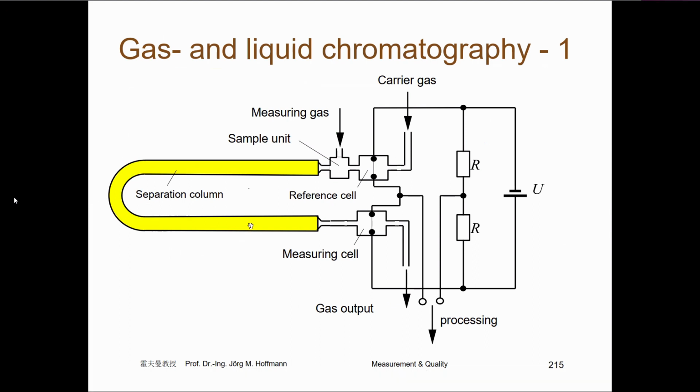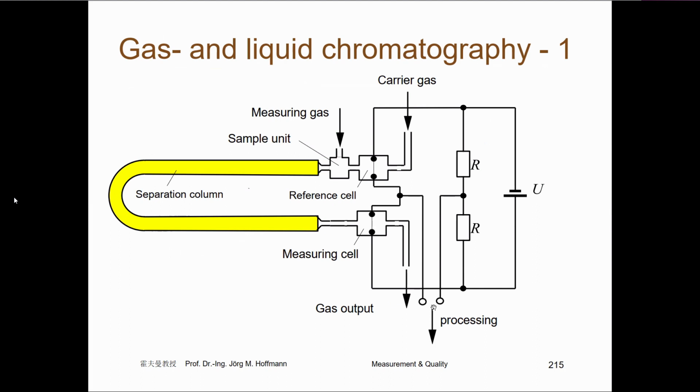Some parts of the mix will go slower through the column, and then you get more or less heat transfer, so that the second wire is cooling down more or less, depending on the mix of the gas, or the single components of the gas mix, what you get here.